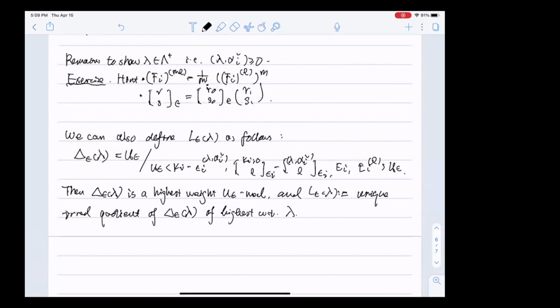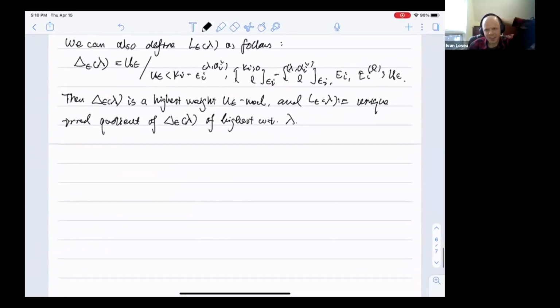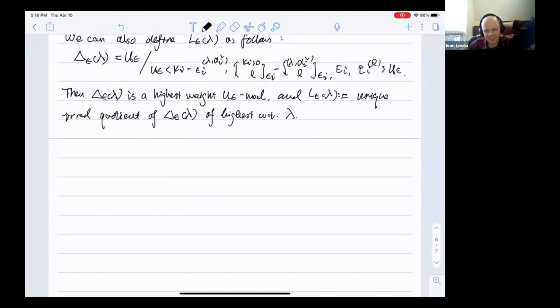It's not really a question. What's the main reference that we're using now? The main reference for this section is this book by, I don't know how to pronounce the name, this is very embarrassing.